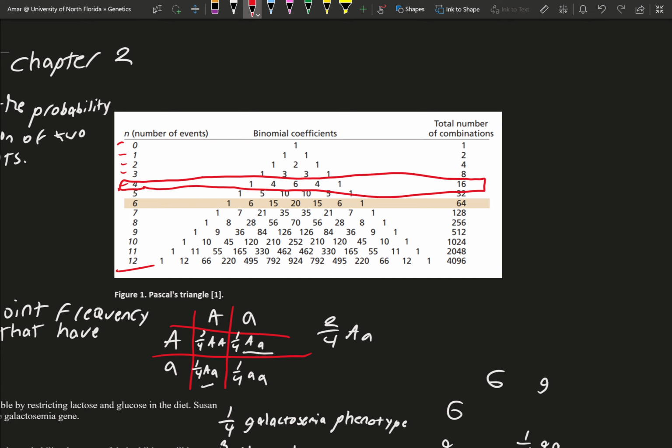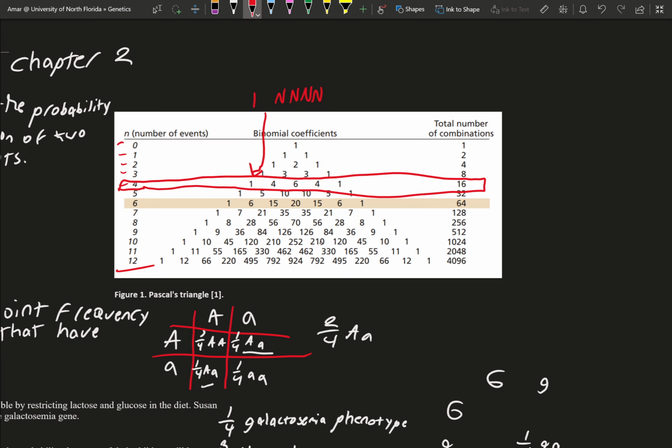Okay? So, all the way at the beginning where you see this 1, this basically means that the trait you're looking at, let's say galactosemia, is not appearing at all in this out of 4. So this 1 means that you have one possibility: normal, normal, normal, normal. Okay?